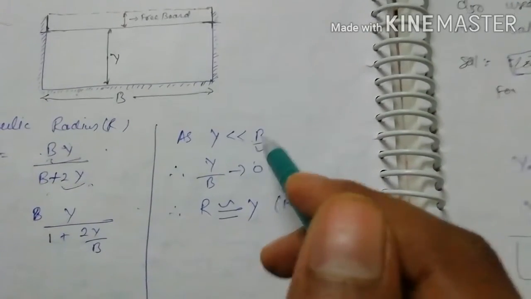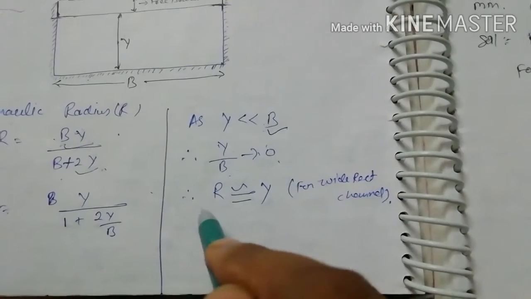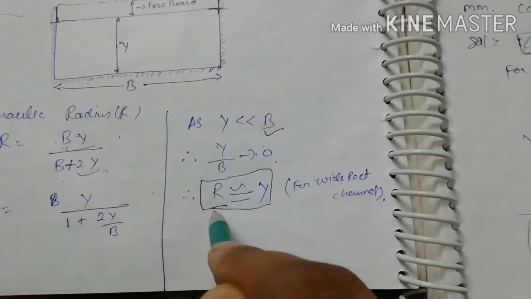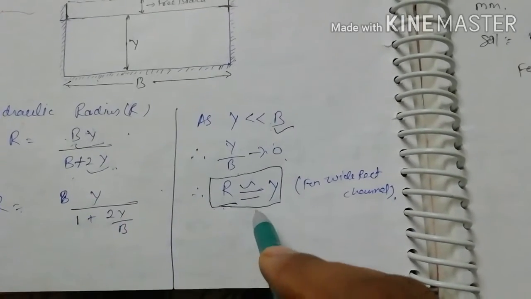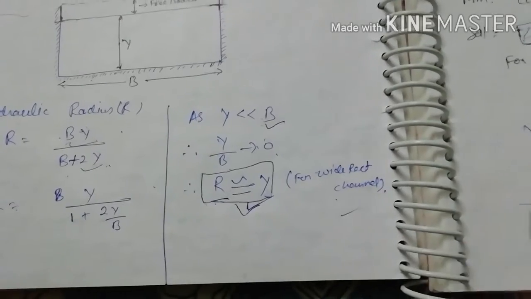That's why it is called wide rectangular channel. So y by b tends to 0, therefore, and this is most important part, its hydraulic radius is approximately equal to its depth of flow for the wide rectangular channel.